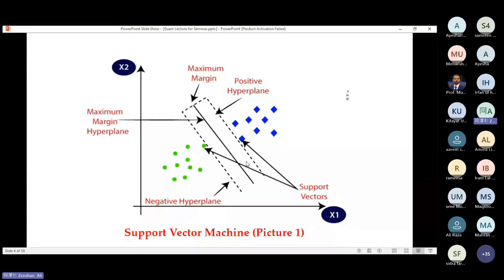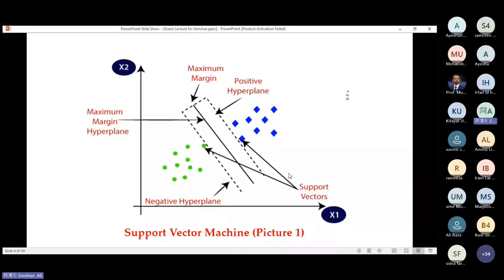And we have a positive hyperplane, which is near the green dots. And similarly, we have a negative hyperplane, which is near the blue dots. And those points which touch the positive hyperplane as well as the negative hyperplane are called support vectors.